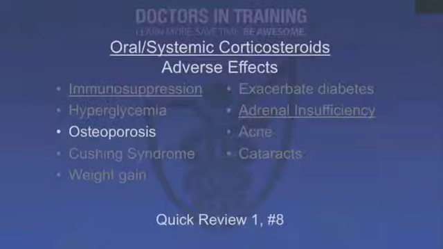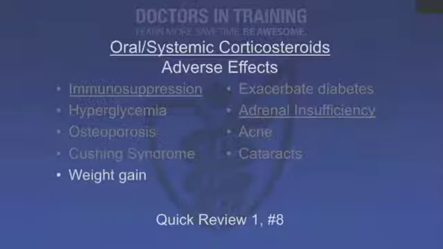It's one of your counter-regulatory hormones, glucocorticoids or corticosteroids, so they raise your blood sugar level. Steroids can cause osteoporosis if they're used long-term. Steroids, of course, can cause Cushing syndrome with the buffalo hump and the moon-shaped face, the abdominal striae, weight gain.